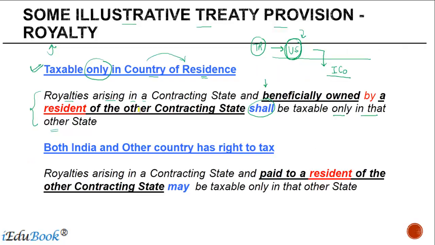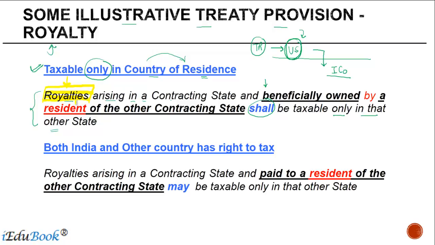So whenever you are looking at such a statement, first thing is it says royalties. Now what is the significance of this first word royalties? The significance of this word is that unless and until the payment under consideration qualifies within the meaning of royalty, it is not covered here.